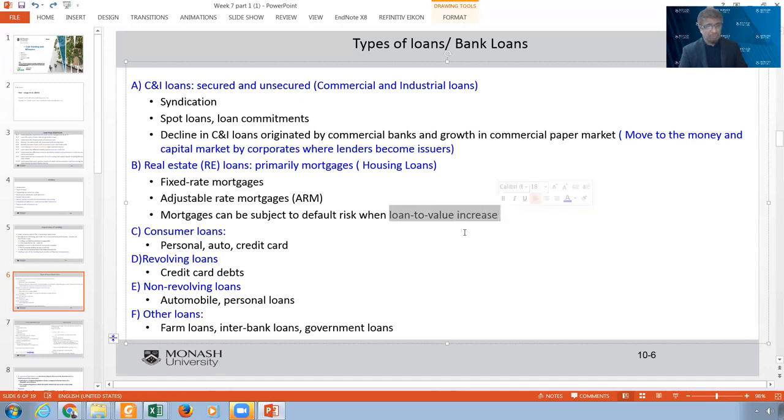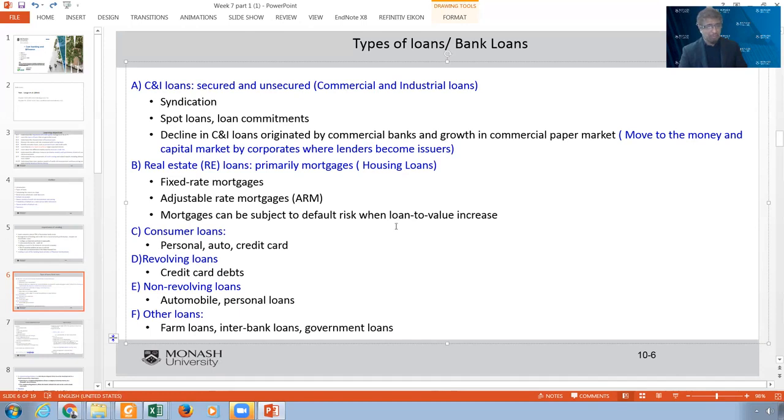But the loan to value, for example, if we buy a house of 1 million ringgit, you can give, for example, 50% of that as a loan, so the risk will be less.